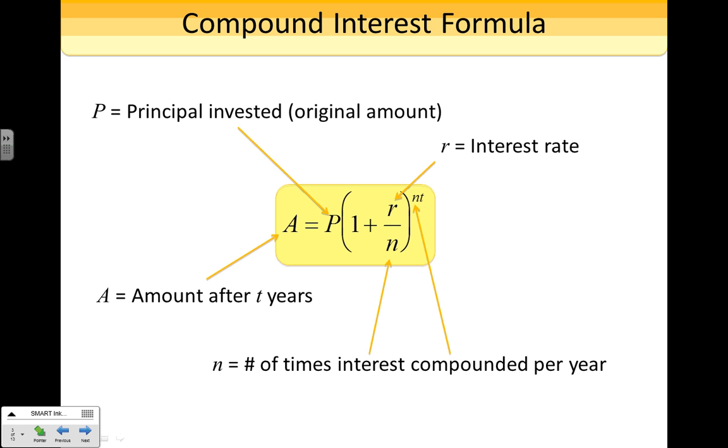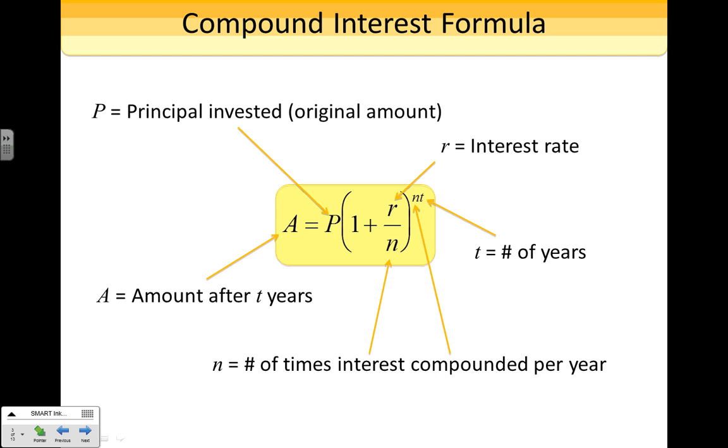So let's say they compound it every month. So at the end of the first month, you're going to calculate your interest to be $105. Calculate your new interest at the end of the month, the end of the second month, and you keep compounding, and you add on monthly so that you get more money every single month.